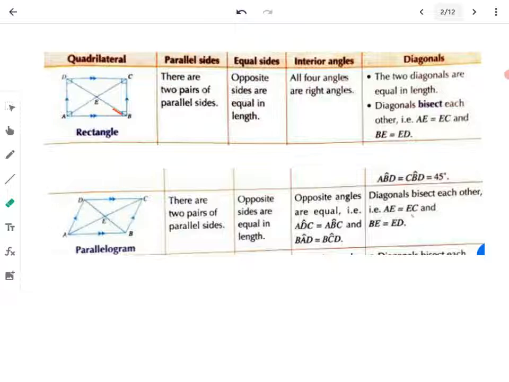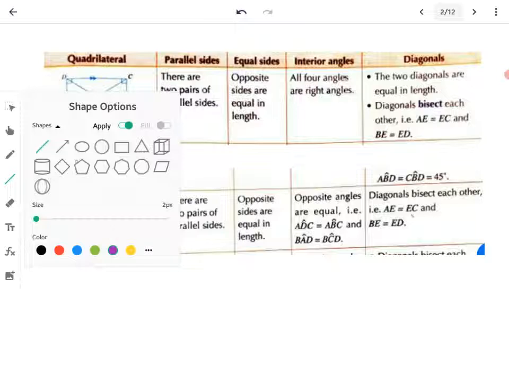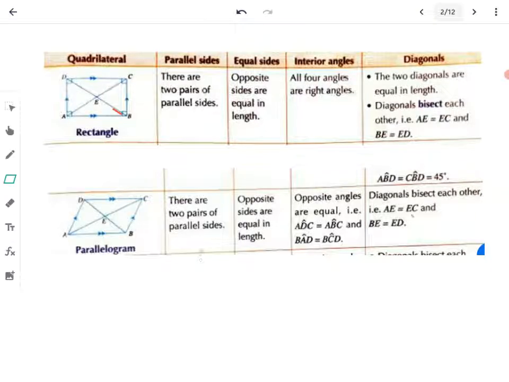In terms of interior angles, the opposite angles of a parallelogram are also equal. This is very important because it is a property pertaining to opposite angles, and our main goal for this lesson is actually solving unknown angles in a rectangle and in a parallelogram.